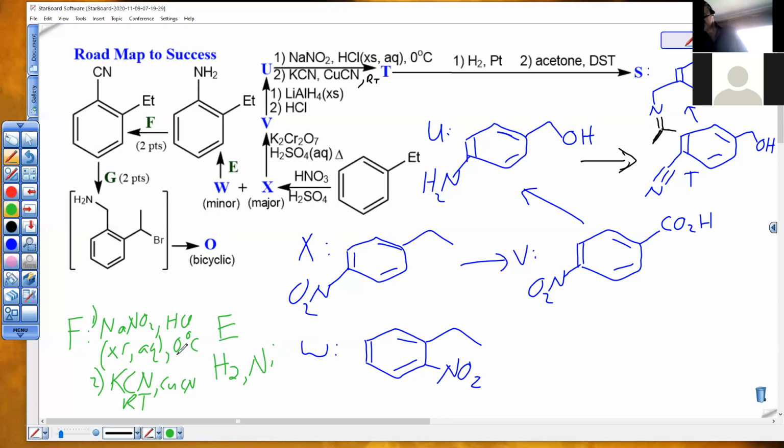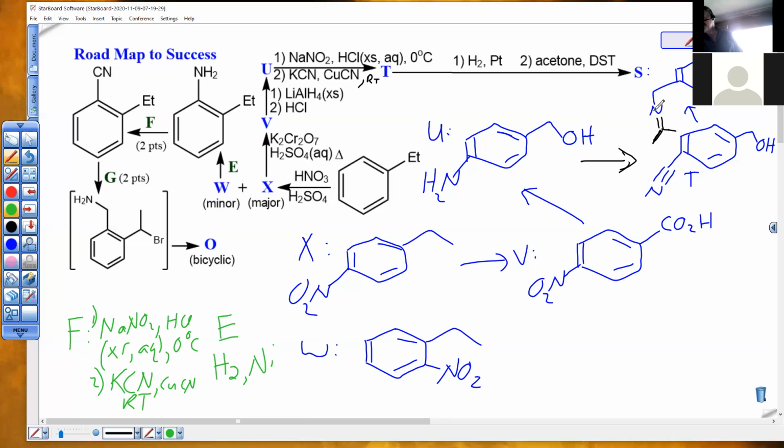And then some reagents G. Well, I think that's on this page too. We're taking a C triple bond N here to CH2NH2 here. I verbalized it here. The C triple N here became CH2NH2 before it underwent condensation with acetone. Well, how did we do that?